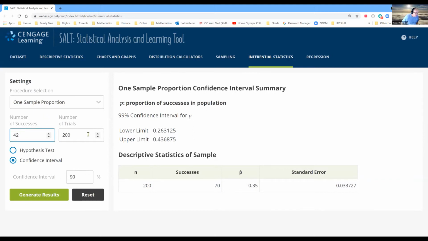So success, trials, confidence interval, generate result. And somewhere between what? 0.163 and 275. If you want to know p-hat, 21%. You want to know the standard error? It's that guy there.